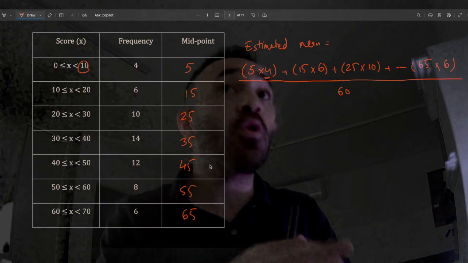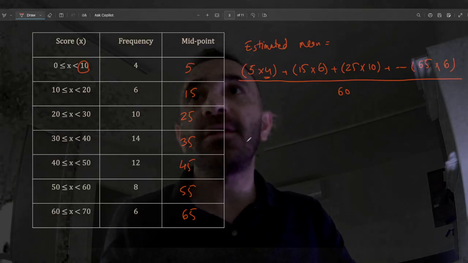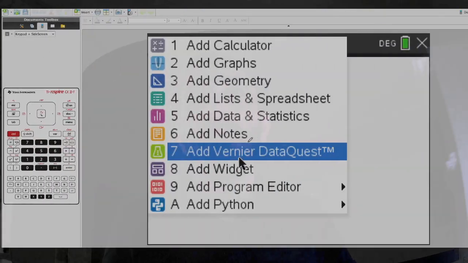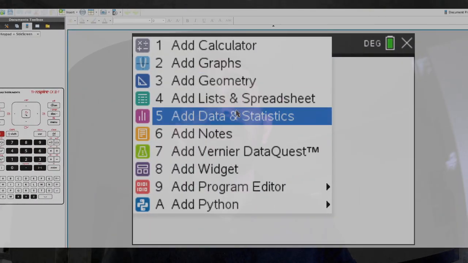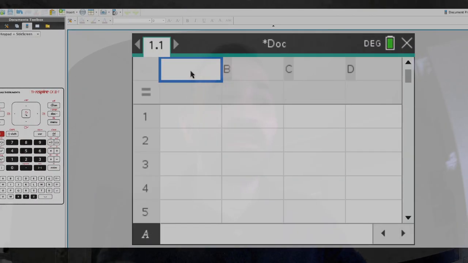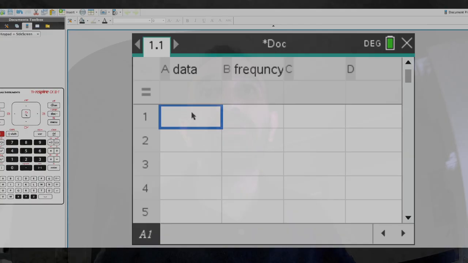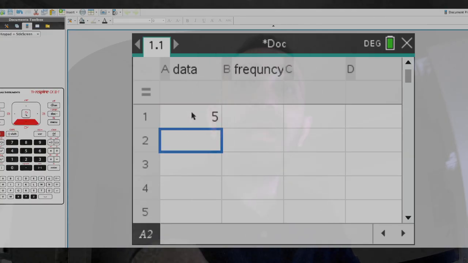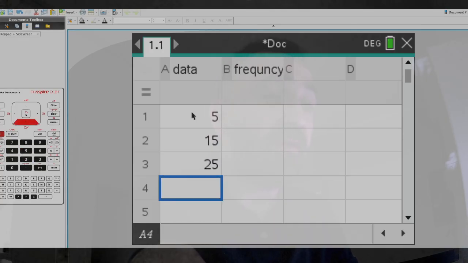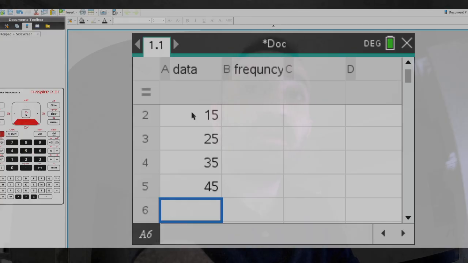Okay, now you can do it using this formula, or you can use your calculator. I'm going to use the calculator to find the answer. So let's go and add lists and spreadsheet. Here I'm going to put the data, the midpoints, and here I'm going to put the frequency. Remember, I'm not putting the cumulative frequency here, the actual frequency. Okay, so the data are 5, 15, 25, 35, 45, 55, and 65.